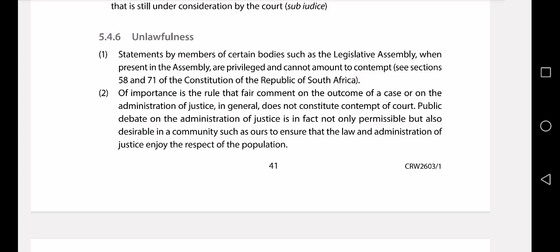Of importance is the rule that fair comment on the outcome of the case or on the administration of justice in general does not constitute contempt of court. Public debate on the administration of justice is in fact not only permissible but also desirable in a community such as ours, to ensure that law and the administration of justice enjoy the respect of the population.